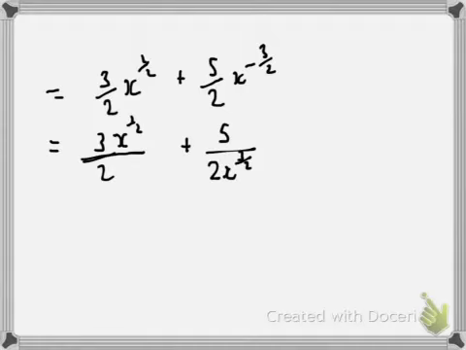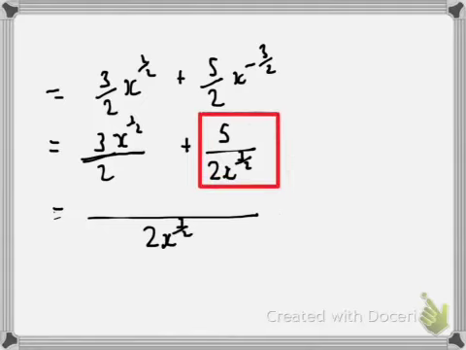So I've expressed it with positive indices. Now I'm going to get this over a common denominator, and the common denominator is going to be 2x to the power of 3 on 2. Now we've got this term here, 5 over that, so that's okay. That's already there. So I can lock in the plus 5 over here.